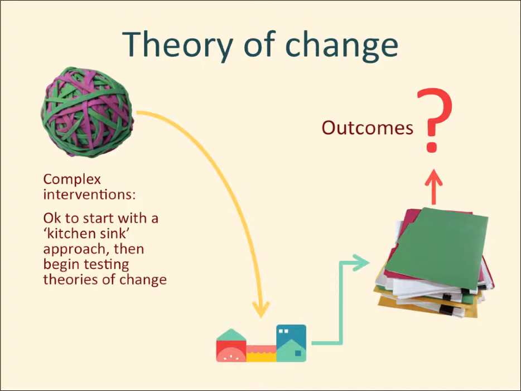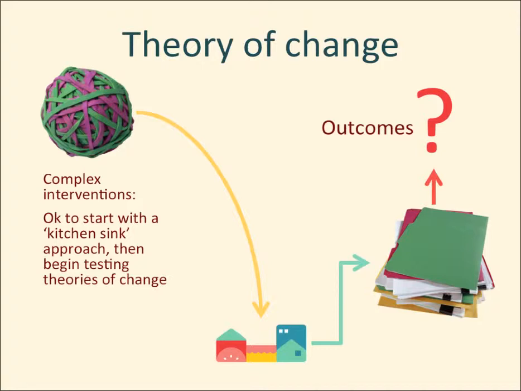The other idea of the theory of change is that sometimes, when we're developing complex interventions for a real-world setting, it's easy to get hung up on the idea of complexity. It's the idea that there are so many factors at play that it's really, really hard to get started.